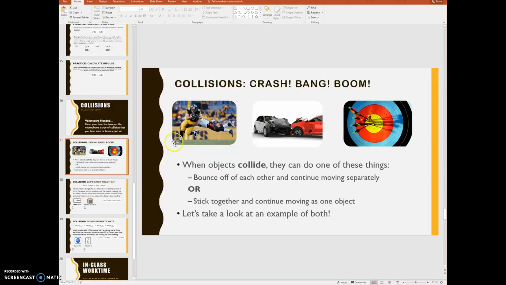Most importantly, when objects collide, they don't always do the same thing. They will either bounce off of each other and continue to move separately, or they will stick together and continue moving as one object. Today we're going to take a look at an example of both of these types of problems.